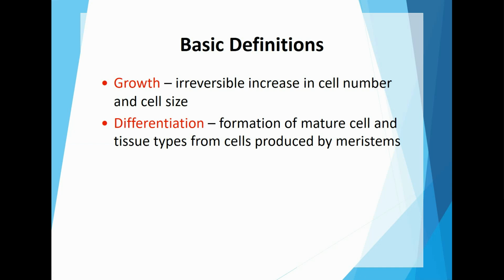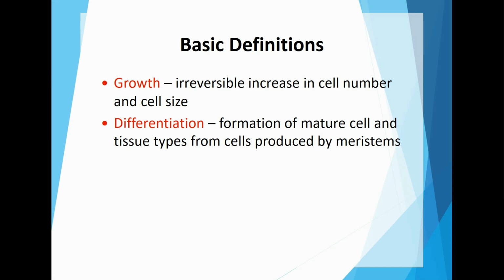As much as I would like to reverse time and not get wrinkles, it's not going to happen. If you know how, please, I will be the first to pay you money. But yes, growth is an irreversible increase in cell number and cell size.